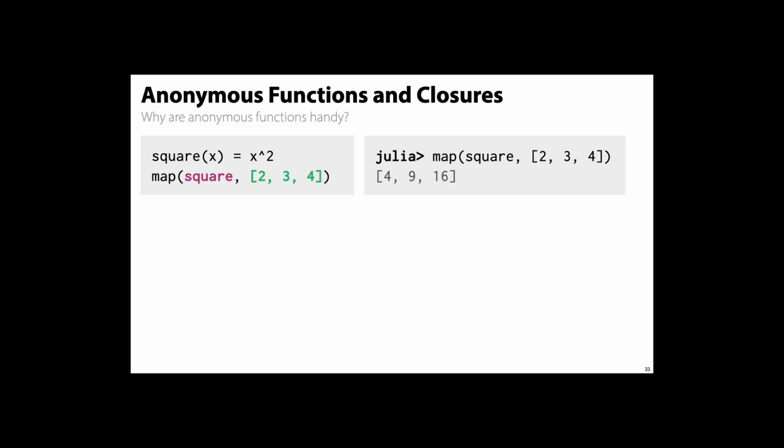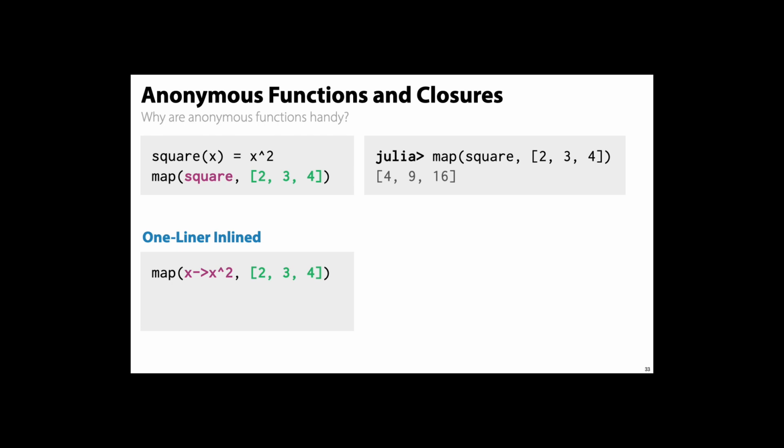The effect of this is that map will apply this function to each element and then collect up a list of results and return those. So what you see there is an array or a vector of all the input elements squared.